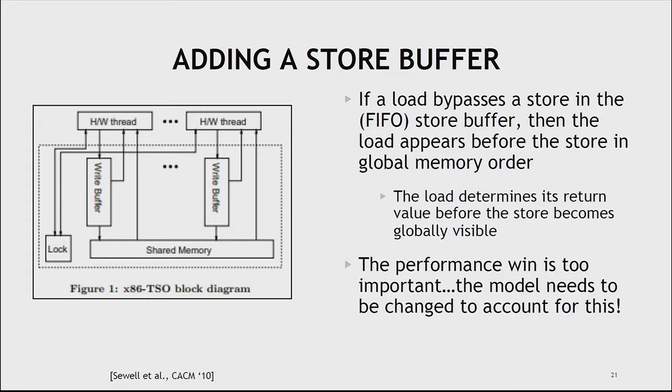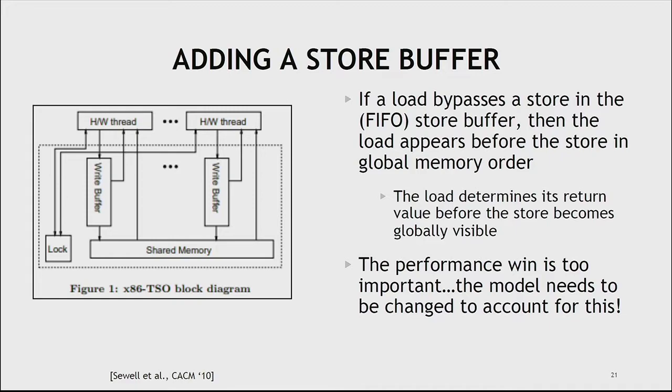I'll come back to the rules in a second, but the intuition for what's going on here is essentially that one of the slow parts about sequential consistency, which people long ago decided to optimize for, is addressed by sticking a store buffer in between the core and the shared memory. This can be a FIFO store buffer. Generally, it is a FIFO store buffer for TSO. The basic idea is that you want some way to emphasize loads, which are more critical, bring them back faster, and have the loads bypass stores, which are less critical.